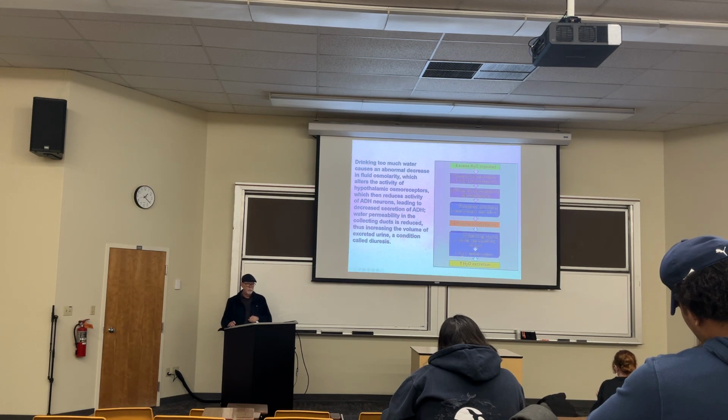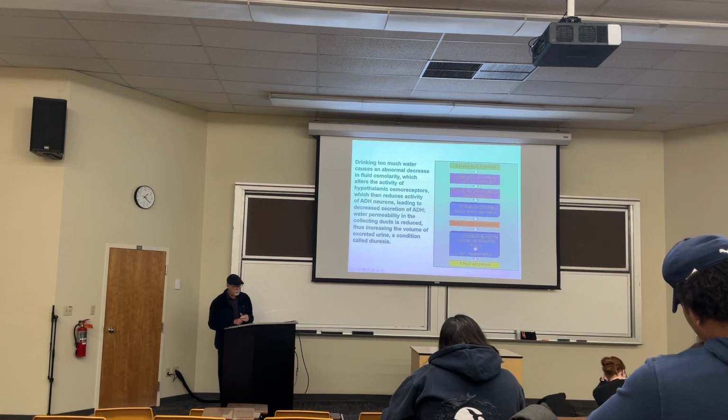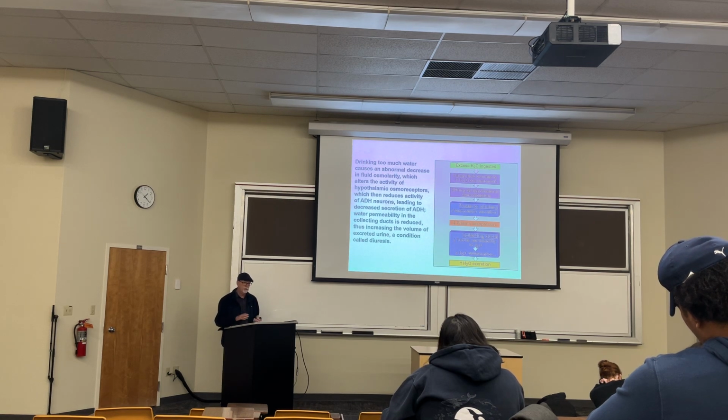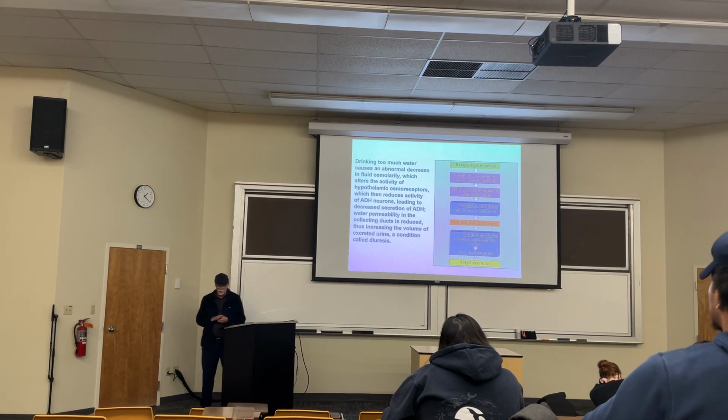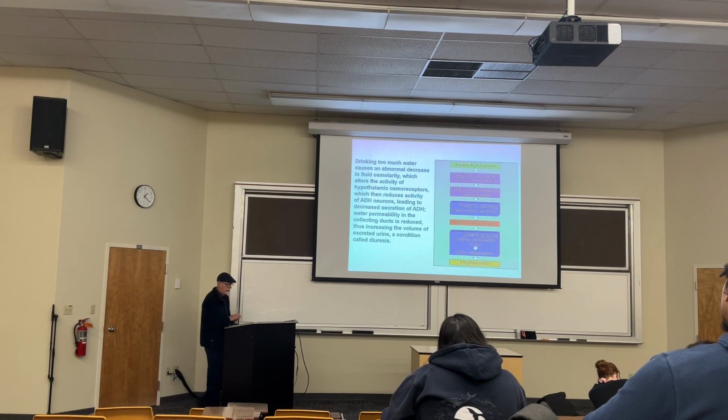Again, if you have too much water, too high of water volume, too high of blood pressure, you could decrease your ADH or vasopressin secretion so that less water is reabsorbed, more goes out in the urine, and eventually that brings us back into homeostasis.